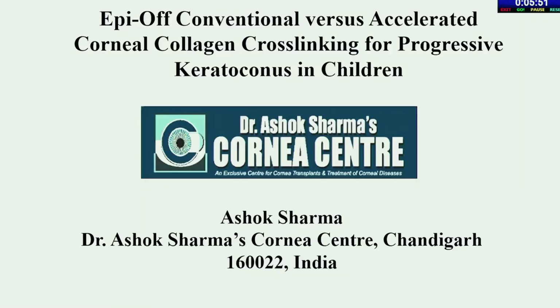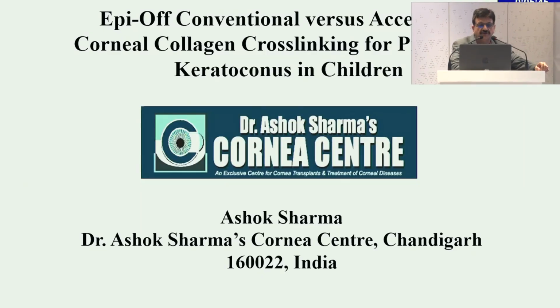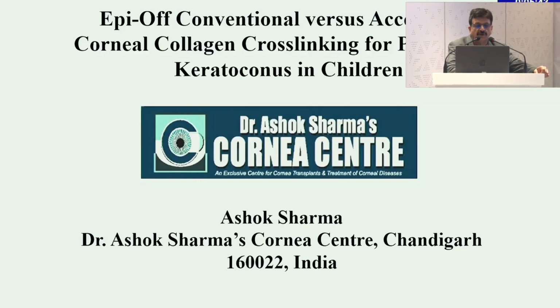Good afternoon, everybody. I will be speaking on conventional versus accelerated collagen cross-linking for progressive keratoconus. Keratoconus, as we know, is a common corneal problem in children, and the incidence is somewhere around 1 in 3,000. But when we compare geographical epidemiology, the condition is much more common in Asian countries, including India.